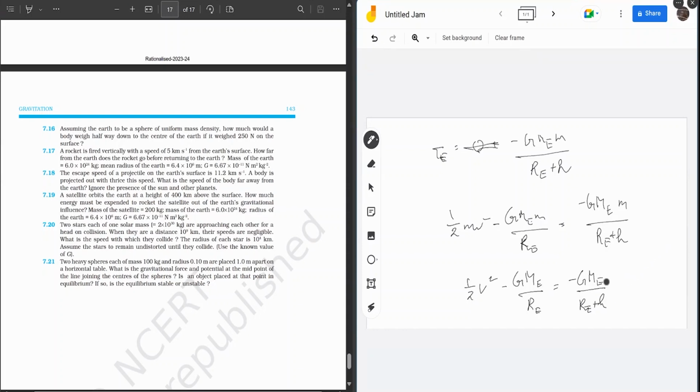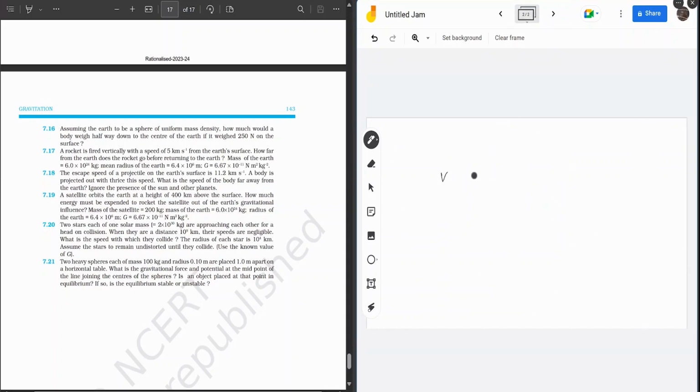From this we get v squared is equal to 2 G Me into (1 by Re minus 1 by (Re plus h)), which is 2 G Me into h divided by (Re plus h) into Re.